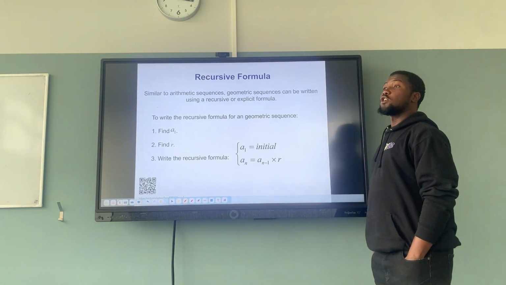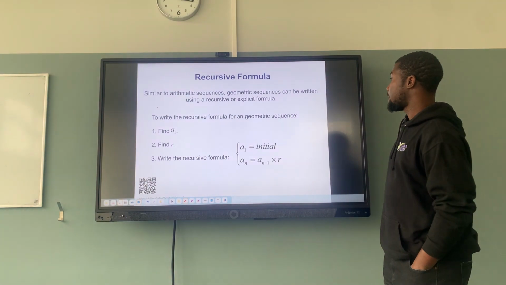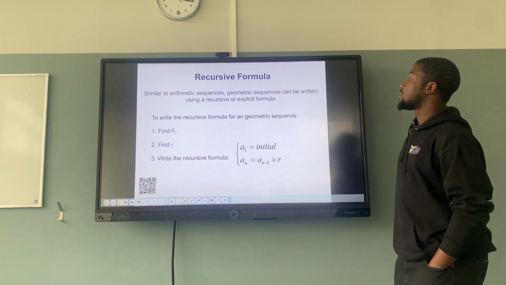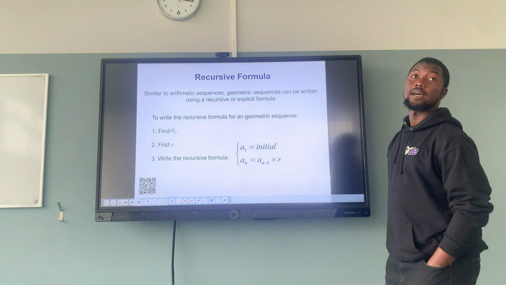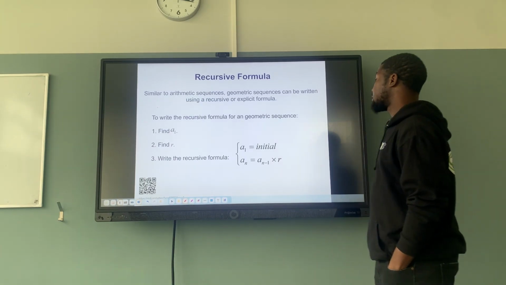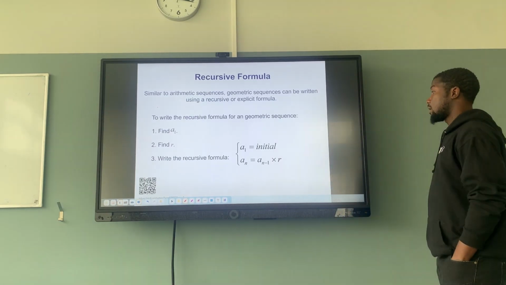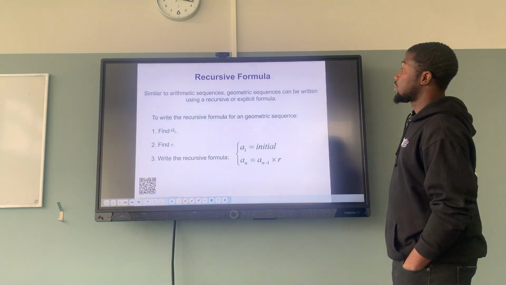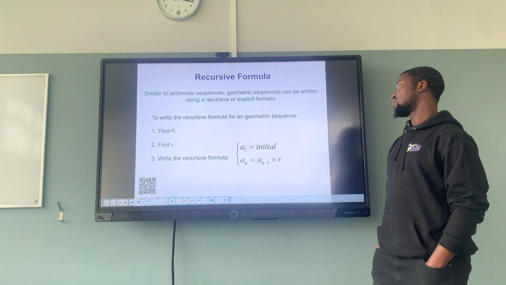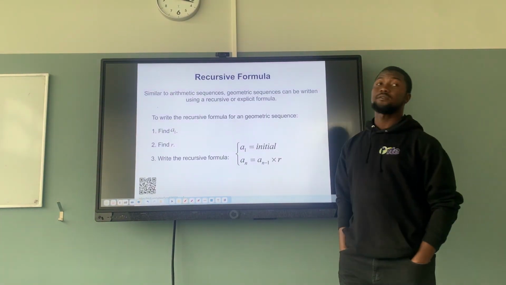Looking at the recursive formula. Just like we looked at it in the arithmetic sequence, we are going to look at it in the geometric sequence form. Similar to the arithmetic sequence, geometric sequences can also be written using the recursive or the explicit formula.